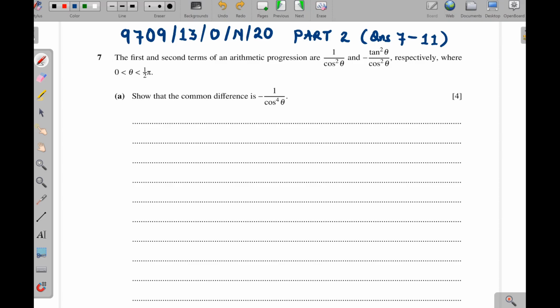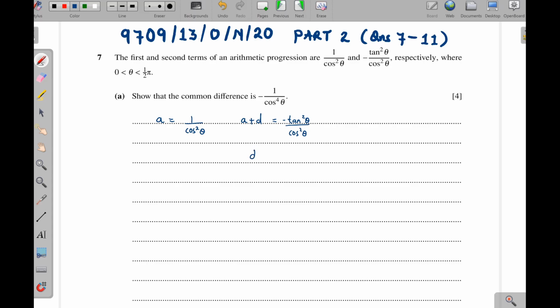Okay, so the first term A is 1 over cos squared theta. And then the second term is A plus D, which is equal to negative tan squared theta, out of cos squared theta.